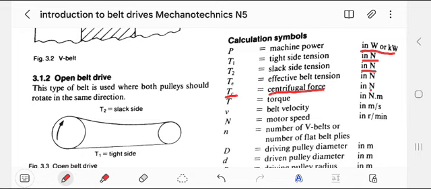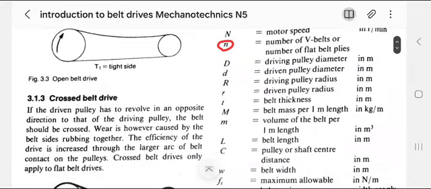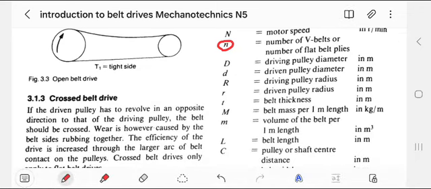Torque is measured in Newton meter. Velocity of the belt is in meters per second, and the speed N will be in revolutions per minute. Depending on whether they want revolutions per second, you can calculate. Then the number n is the number of V belts or the number of flat belt plies. Plies are new to you guys, and we'll discuss plies and how to calculate the number of V belts. Depending on whether they give you 3 belts or the number of plies, we'll discuss them. Then D is a big D.